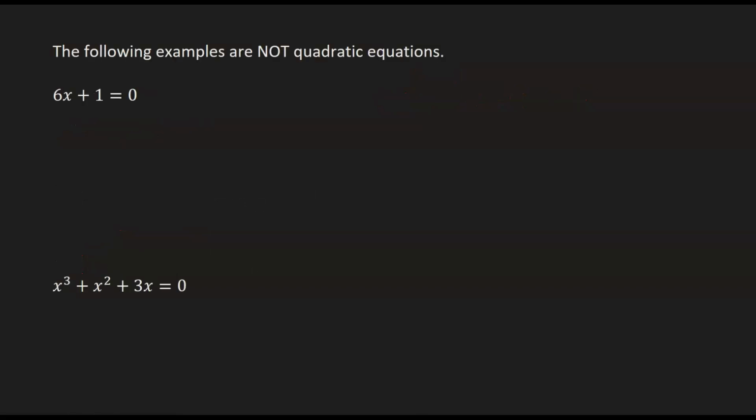The following are not examples of quadratic equations. Notice we're still looking for ax squared plus bx plus c equals 0. We must have x to the power 2. We do not have that here. If I was putting this in this form, I would have 0x squared plus 6x plus 1 equals 0.